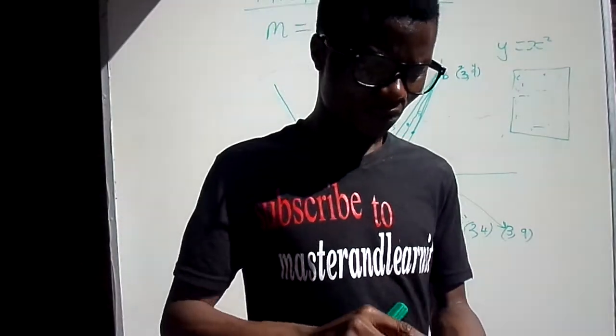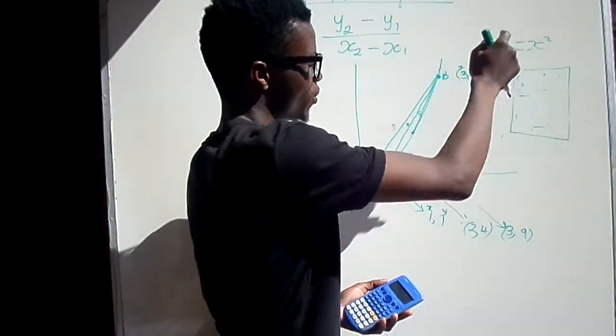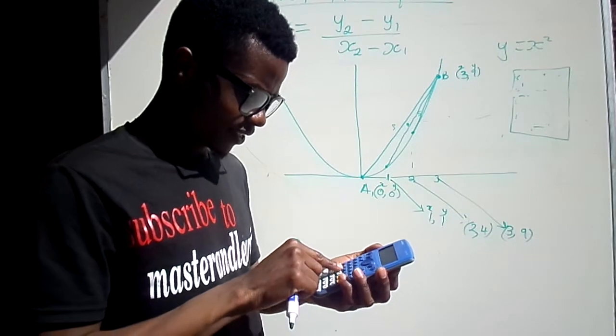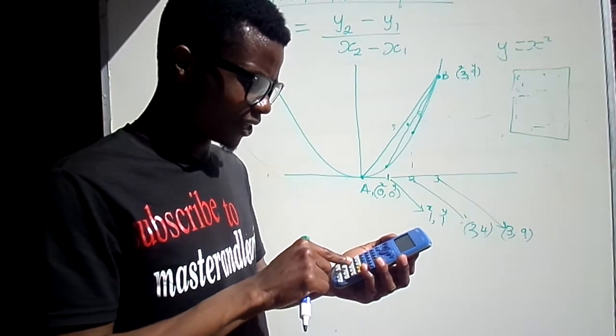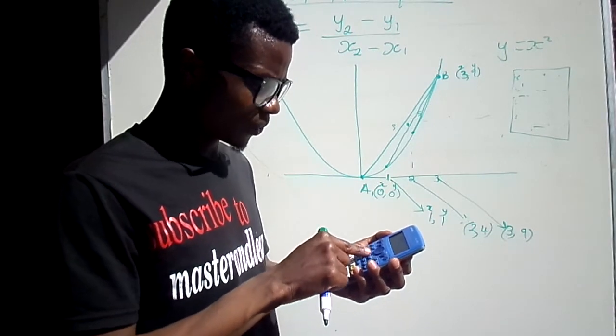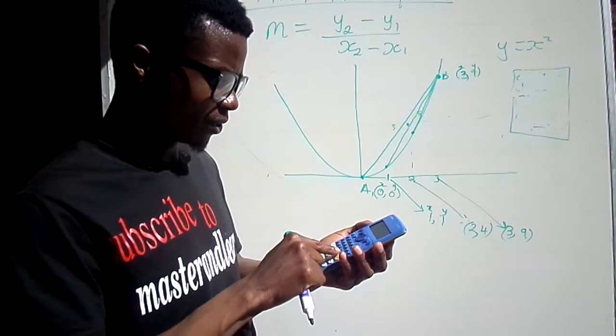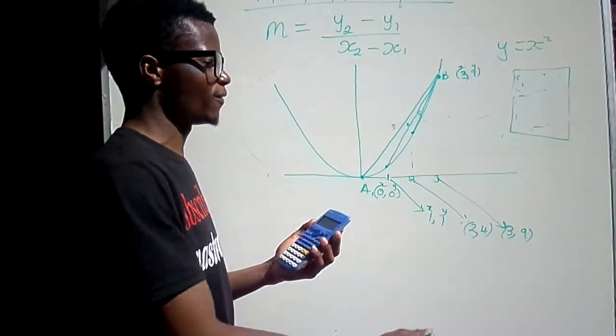Using our calculator, when x is 2.9 squared, the corresponding y coordinate is going to be 8.41.